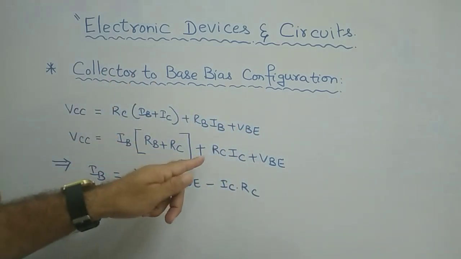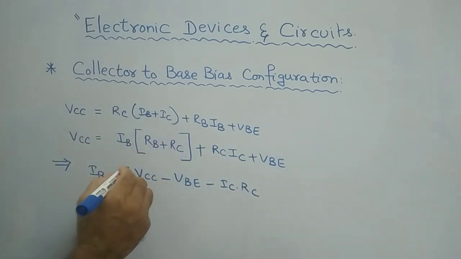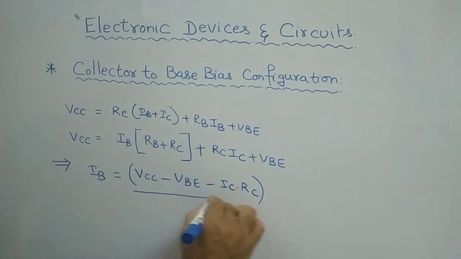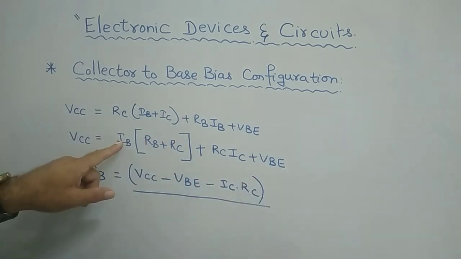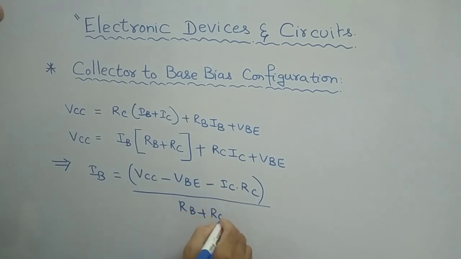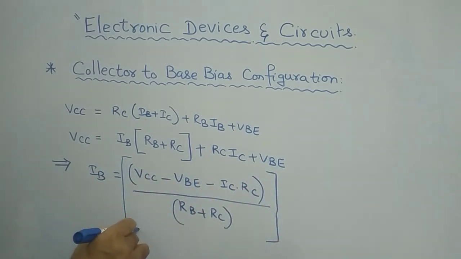So the minus sign will come. So I want IB, no? Therefore, by RB plus RC, you will get RB plus RC. This is what IB expression.